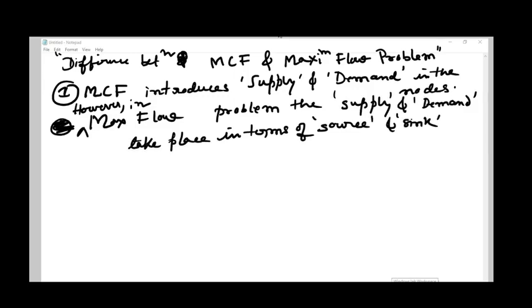That means the source and sink concept is there in max flow problems like Ford Fulkerson, but here it is supply and demand.